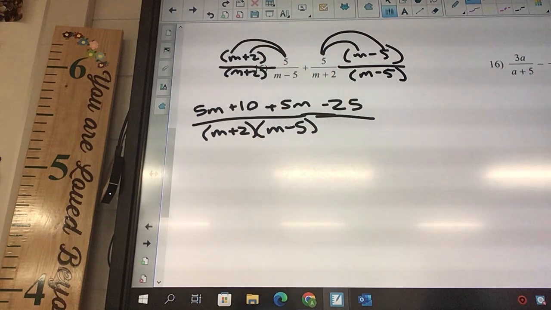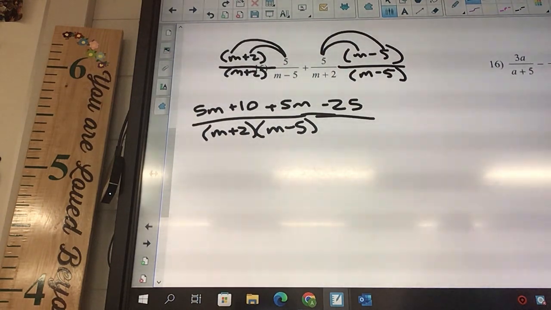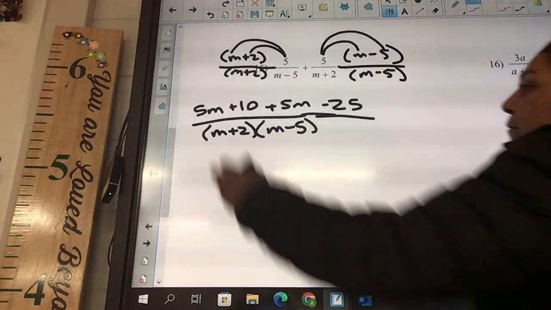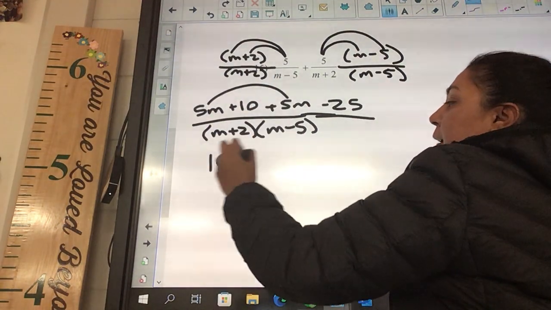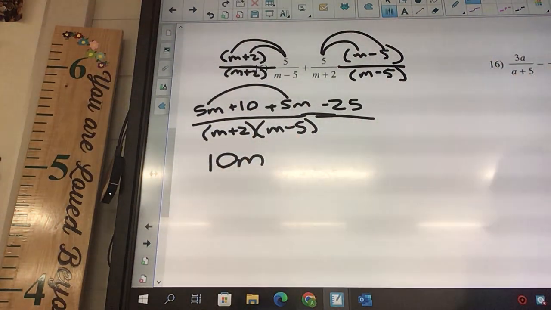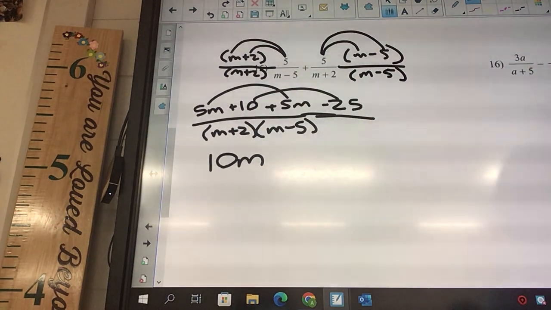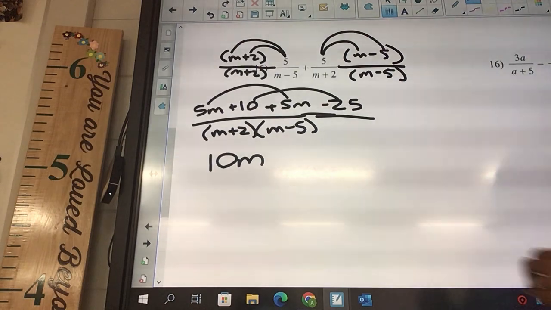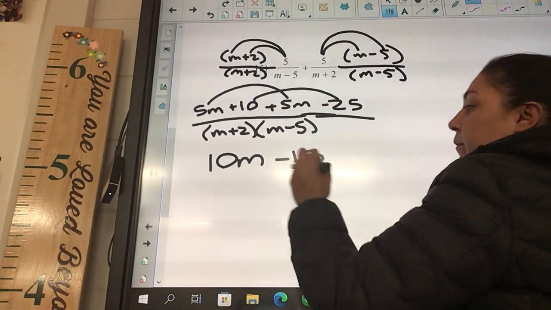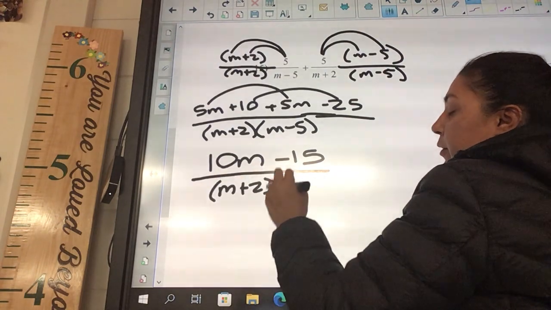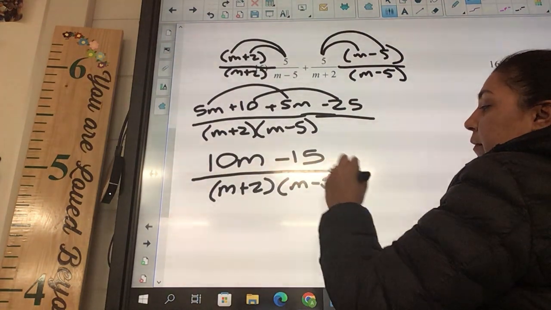What can we combine? 5n and 5n, and that's going to give me a 10n. What else? 10 and negative 25 is going to give me what? Negative 15. And on the bottom, you're getting n plus 2, n minus 5.